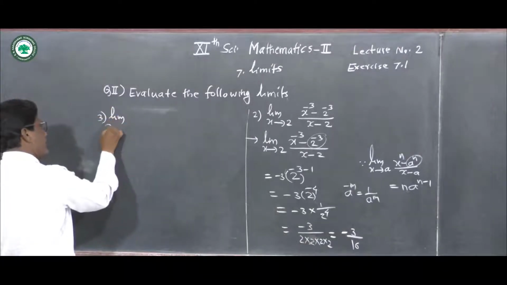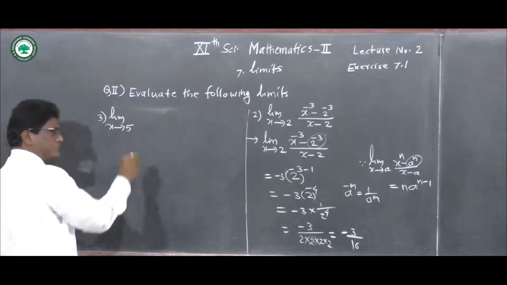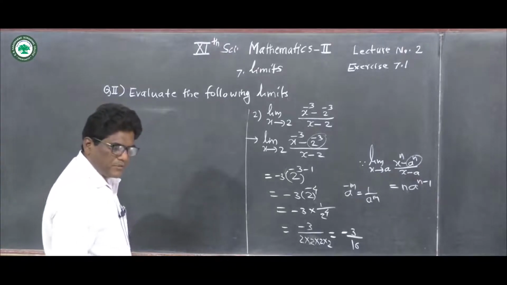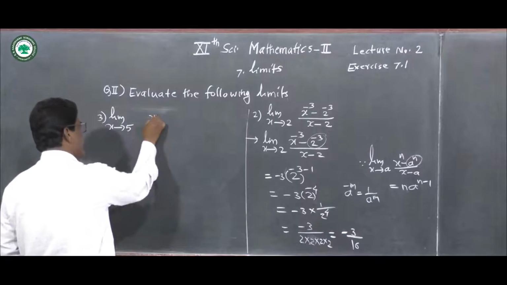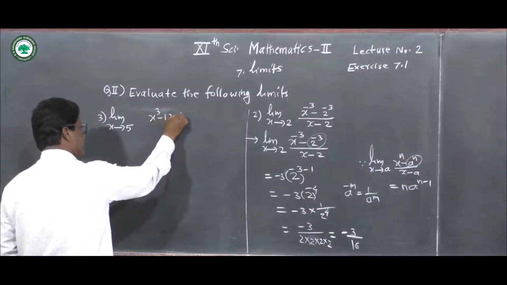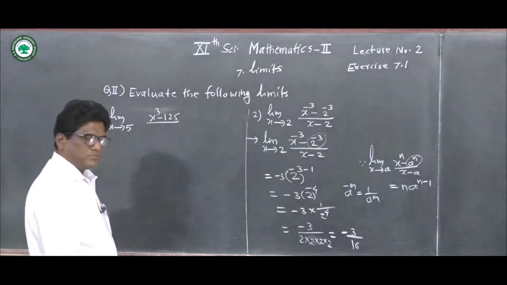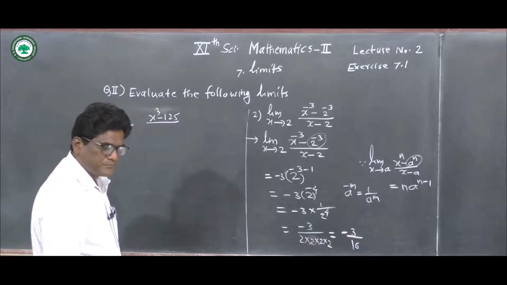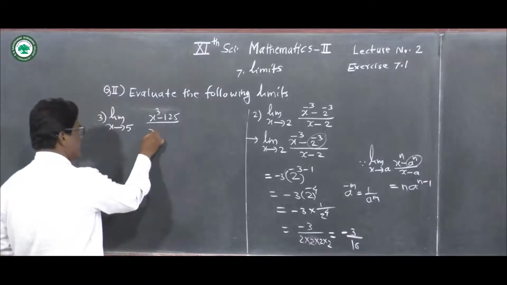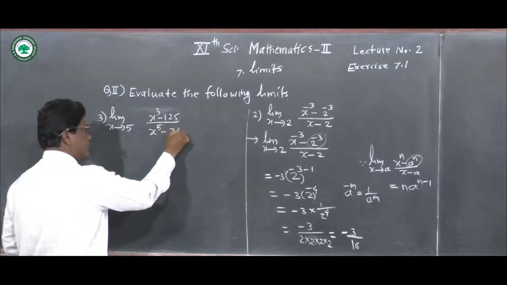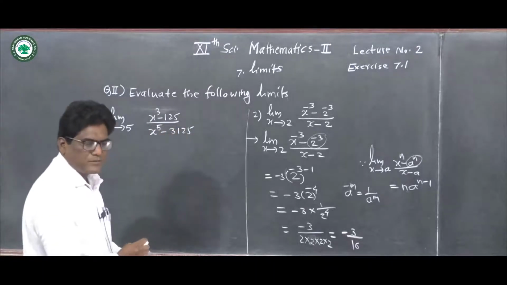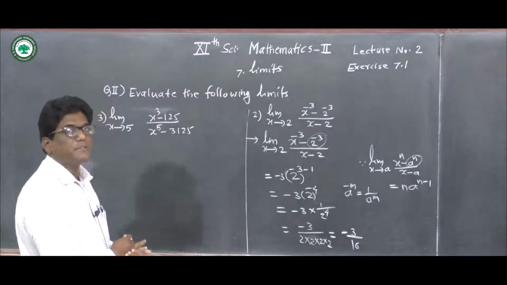Limit as x tends to 5 of (x to the power 3 minus 125) divided by (x to the power 5 minus 3125).